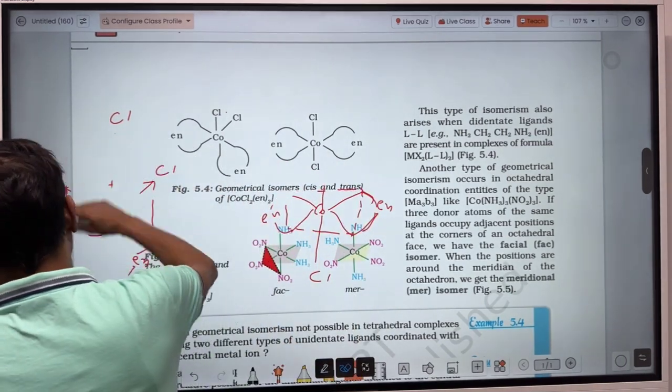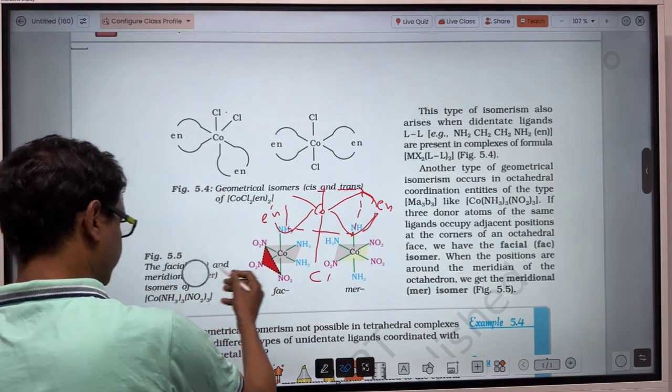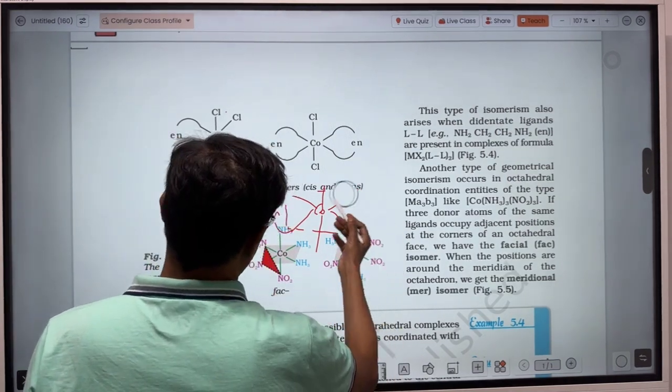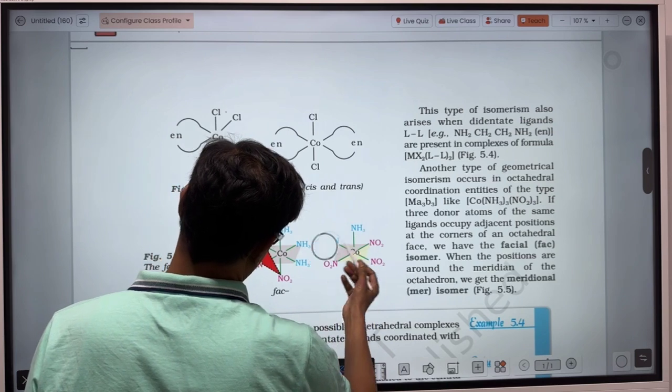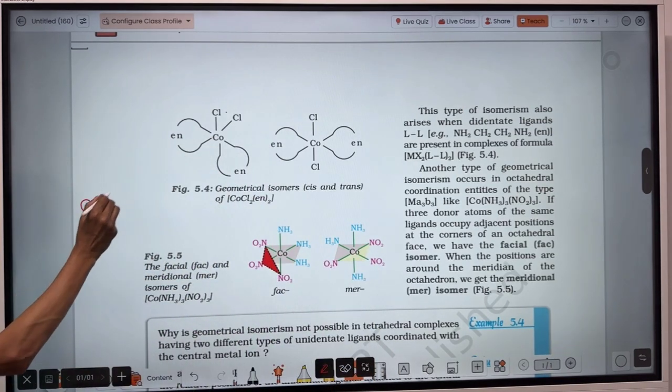As for example, let's see. Suppose this compound here, cobalt.